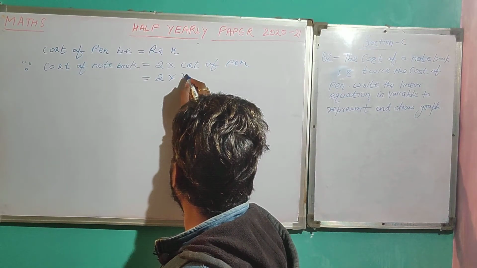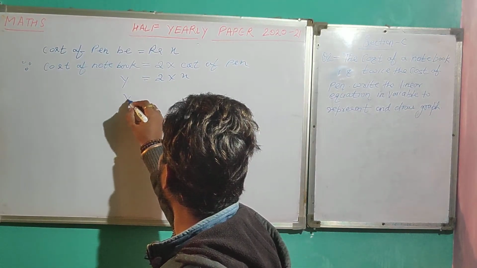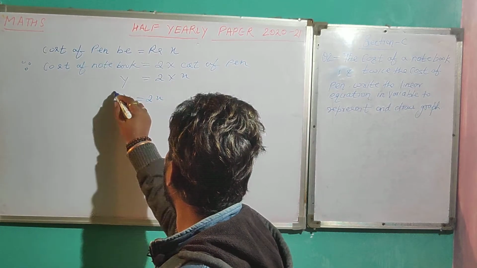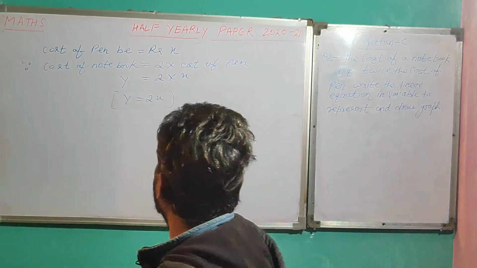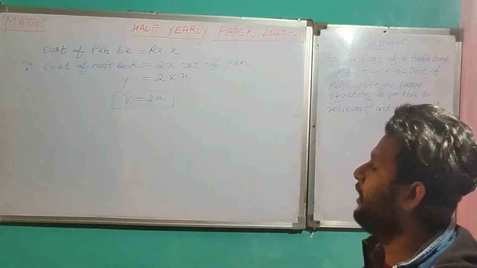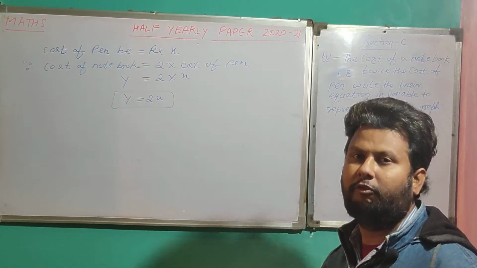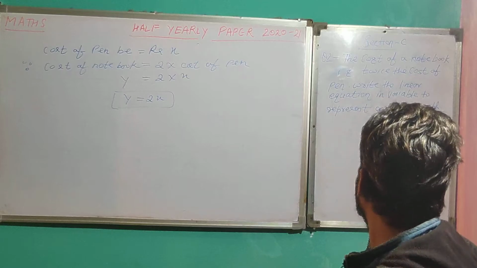Therefore, 2 into X is equal to Y. Y is equal to 2X. So, this is the equation for this question.